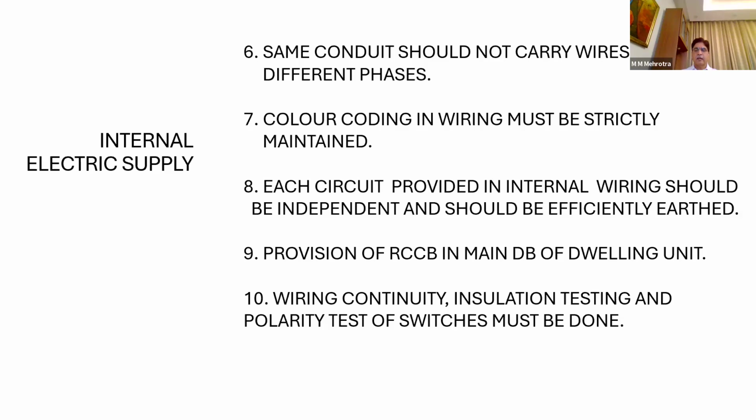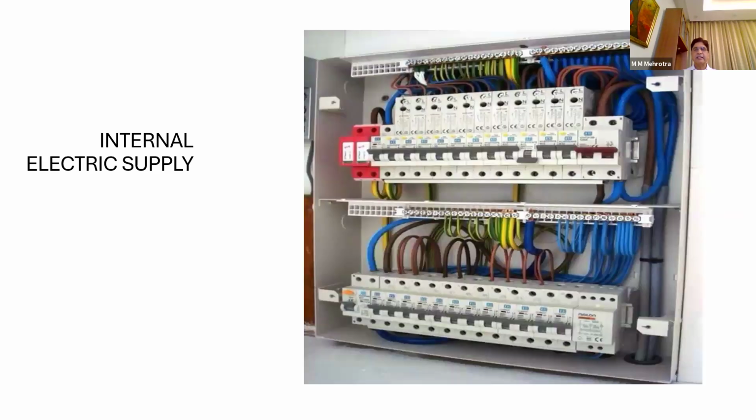Now this is the distribution board. This is a single phase distribution board. Somebody has put this; I've taken this figure from the net. The color codes are not mentioned here, but I have put them in for the sake of seeing the neatness of the distribution board.